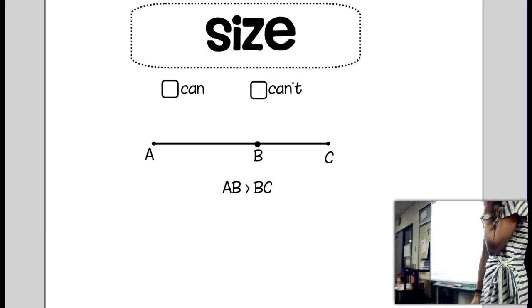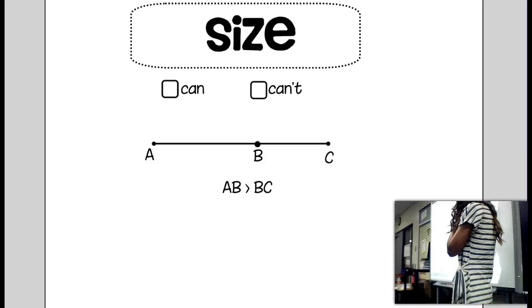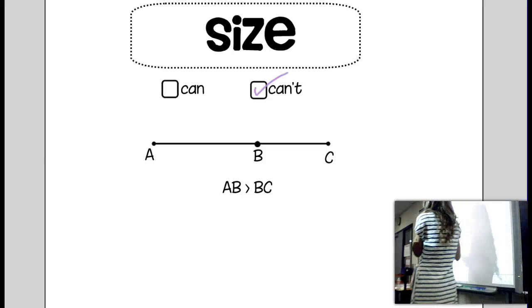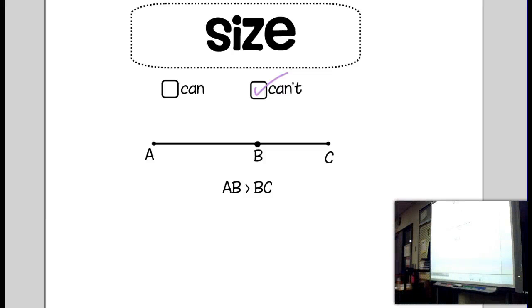Okay. Next one, size. I kind of talked about this. Can you assume that AB is bigger than BC because it looks bigger? No. If I don't give you numbers, if I don't give you actual values, you can't assume size. Can't assume something is larger unless you measure it, unless you know it's larger, or smaller, or shorter, or longer.